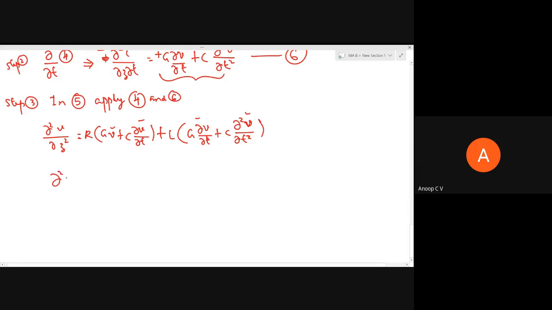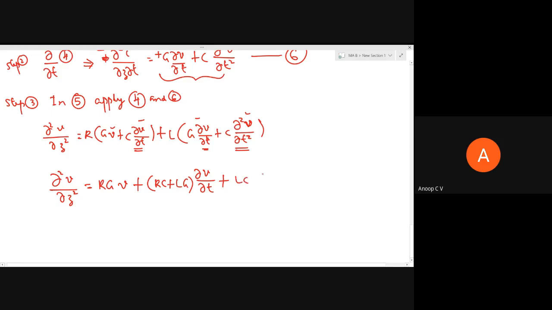That is dou square V by dou Z square, equal to only one term with V, that is RG into V, plus there are two terms which have dou V by dou T. One is RC into dou V by dou T, the other one is LG into dou V by dou T. So if I rearrange, it is RC plus LG into dou V by dou T, plus there is only one term which has dou square V by dou T square, that is LC into dou square V by dou T square.